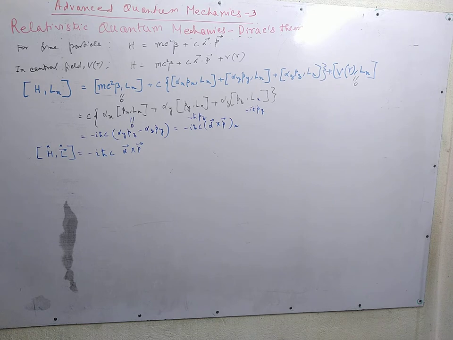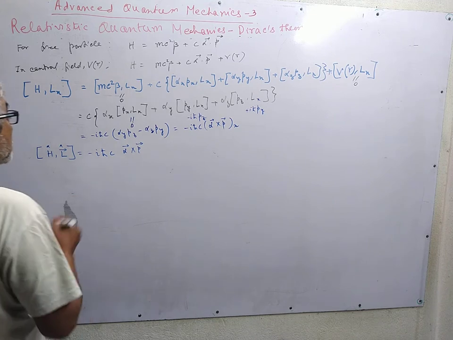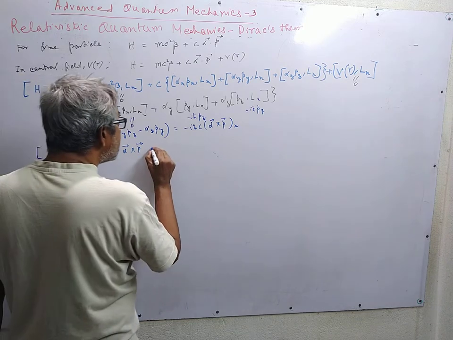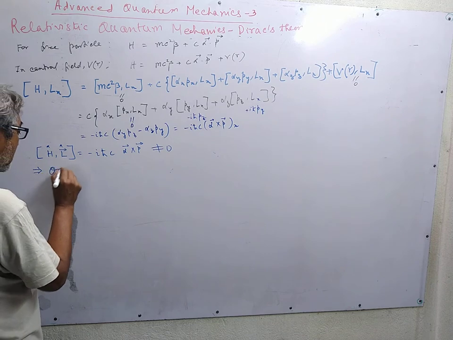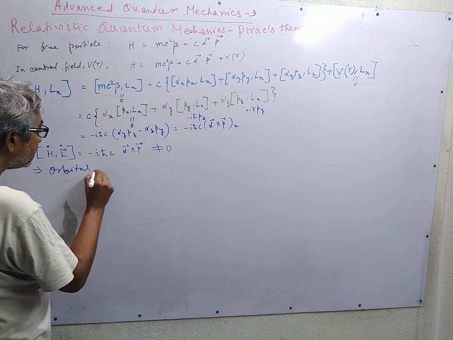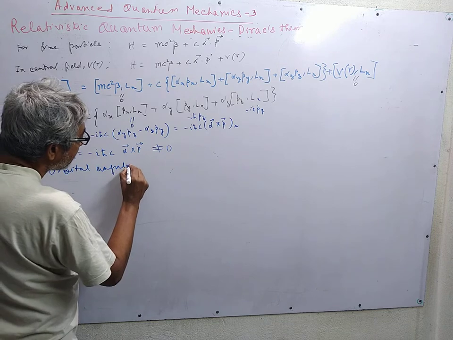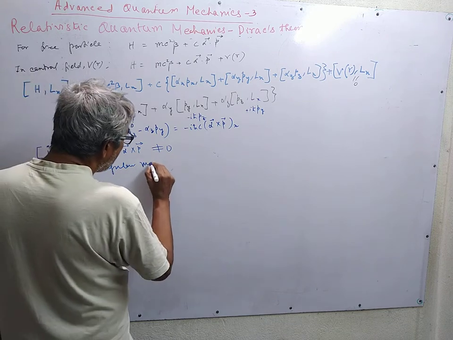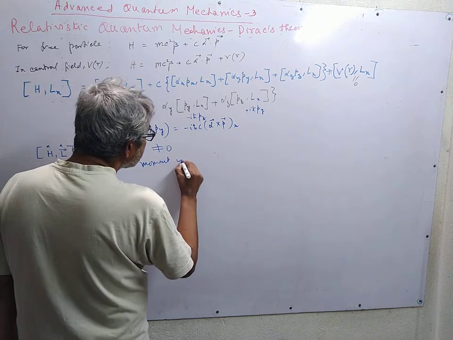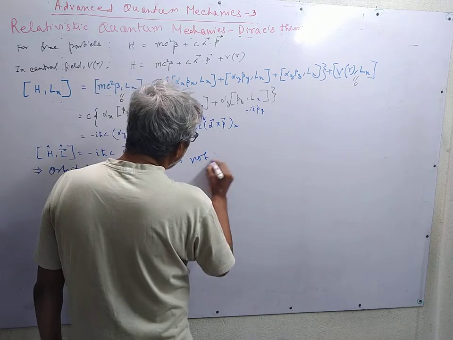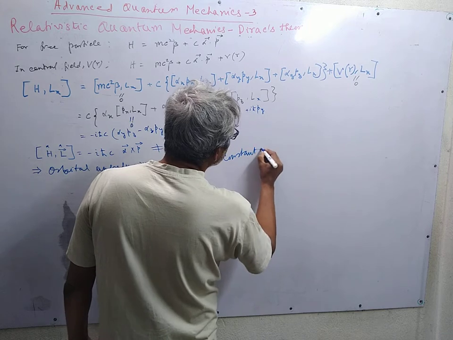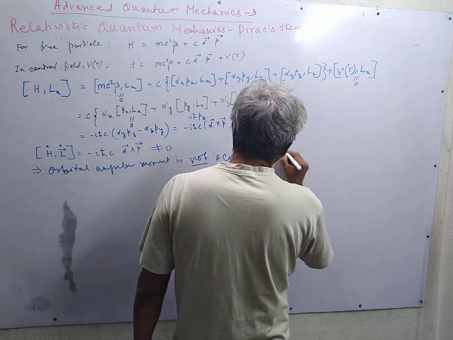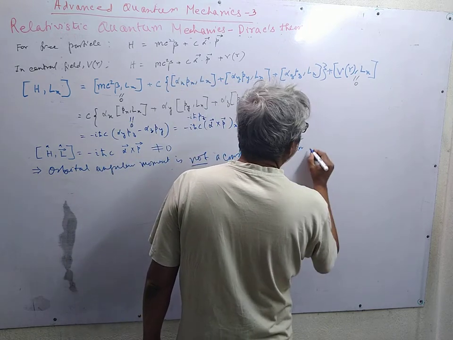That is, we see that L, the orbital angular momentum, is not a constant of motion, since this is not equal to 0. So the conclusion is orbital angular momentum is not a constant of motion in Dirac theory.